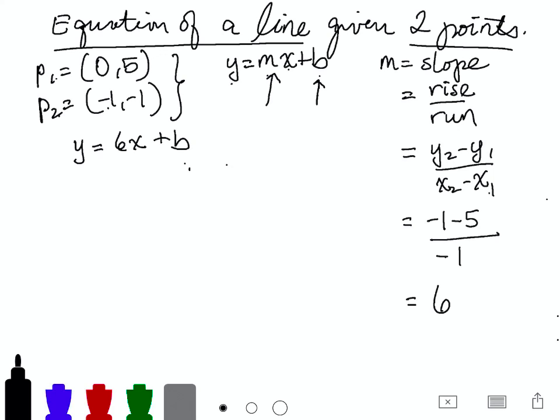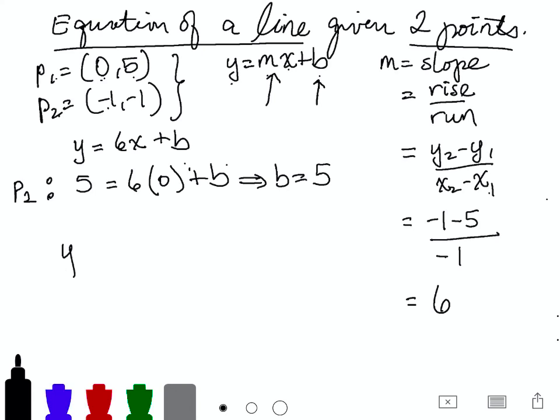So for example, taking P1, we have 0 equals x and 5 equals y. So 5, using point 1, equals 6 times 0 plus b, which means that b equals 5. So therefore y equals 6x plus 5 is the equation of the line that passes through these 2 points.